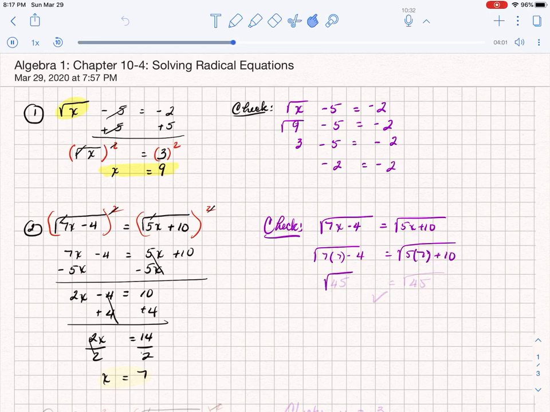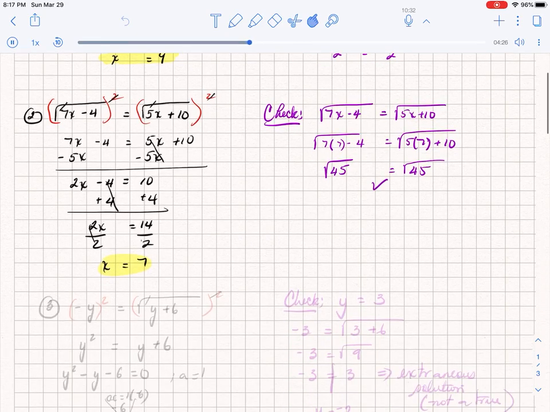That should give me 49 minus 4, which is 45, equals 35 plus 10, which is 45, and this is correct. Therefore, 7 should be my answer.